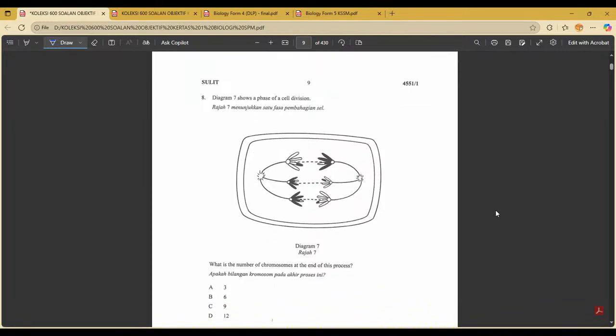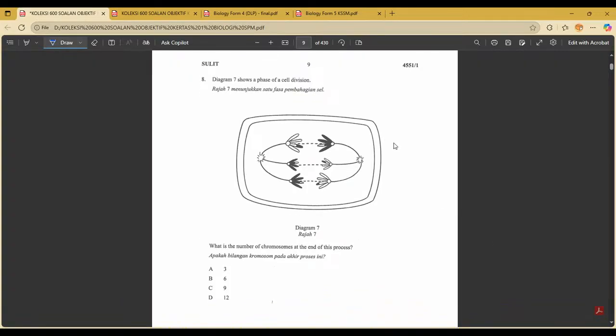Diagram 7 shows a phase of cell division. Okay.